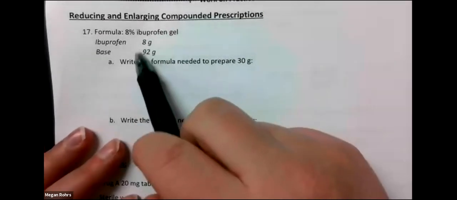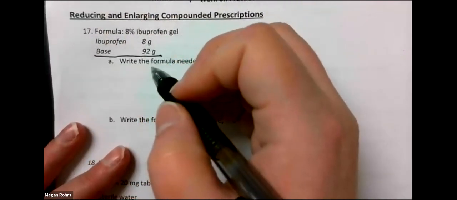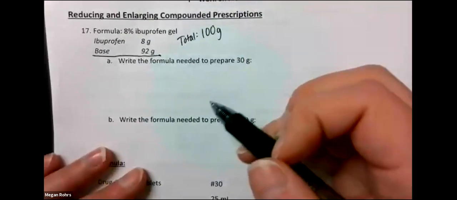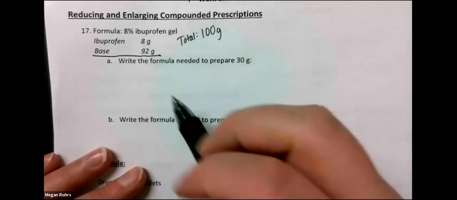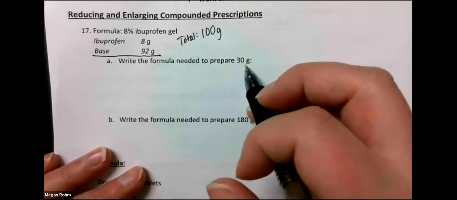So the first thing I need to do here is figure out how much this recipe that I have is making in total. Well, 8 plus 92 makes a total of 100 grams. So my formula that I have makes 100 grams. The formula I need to make should only make a total of 30 grams.